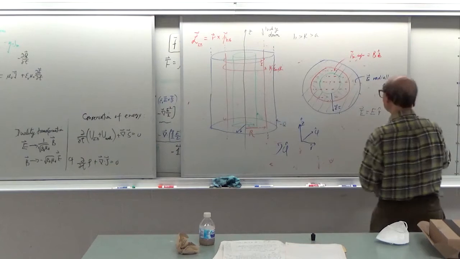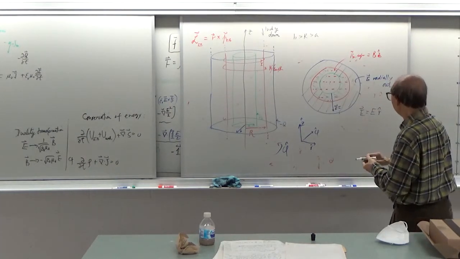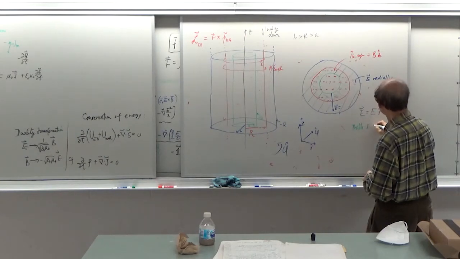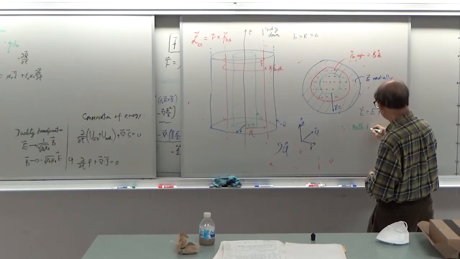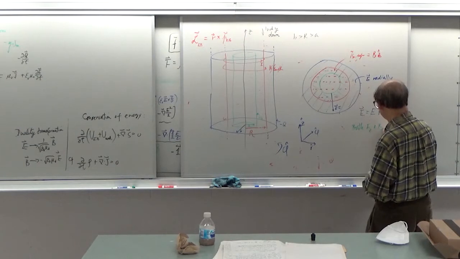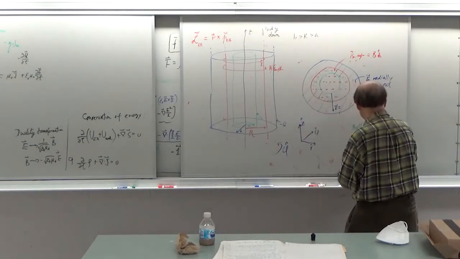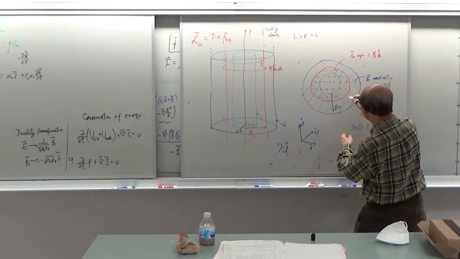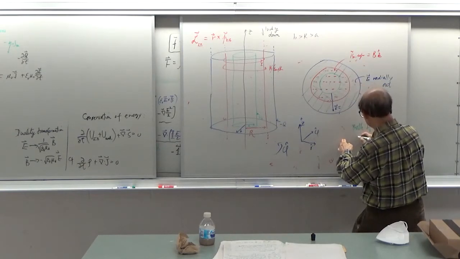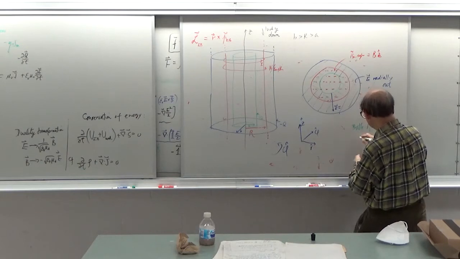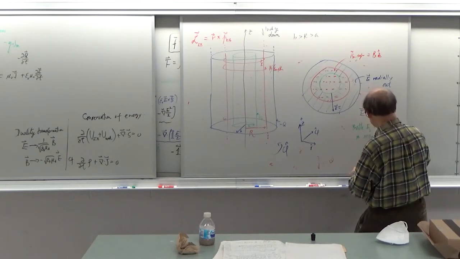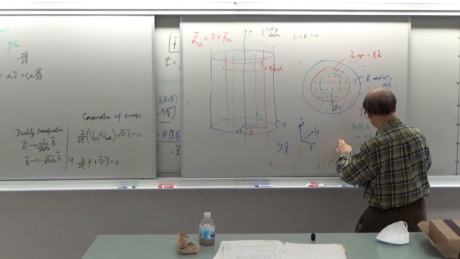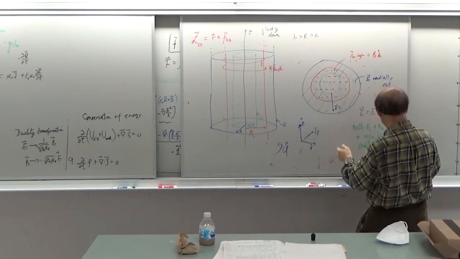B goes up, and E only has a radial component, and is non-zero in the region between the small cylinder and the solenoid.